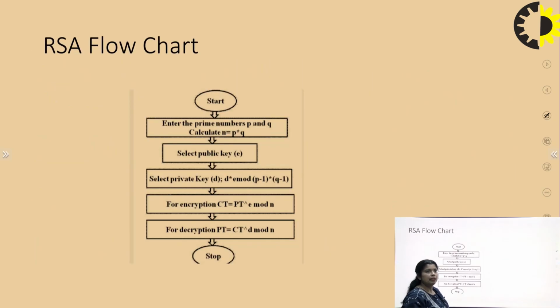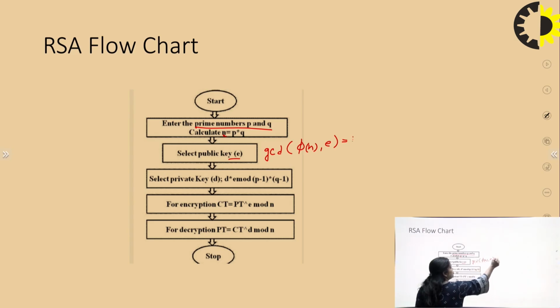Fine. Now, this is the simple flow chart for how you remember these steps. First of all, enter the prime numbers P and Q. There should always be prime numbers, and then calculate N equal to P into Q. Next, finding the public key. How are you going to calculate it? With the GCD of phi of N and E equal to 1.